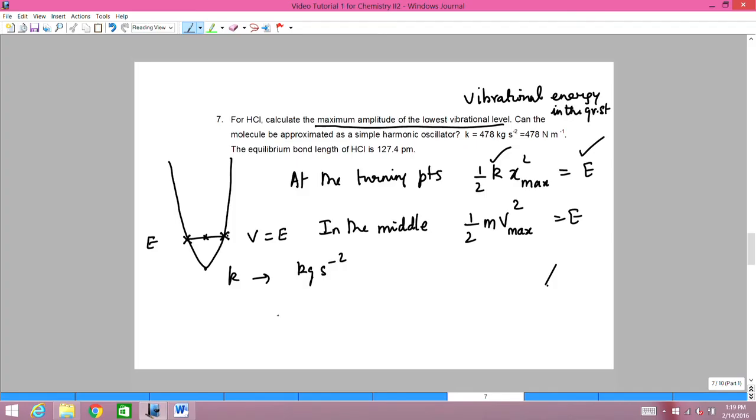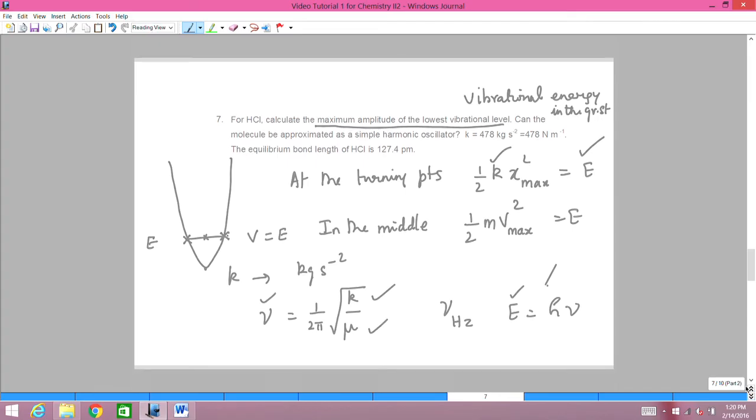That can be calculated as, remember, the frequency nu is 1 by 2 pi square root of k by mu. Since k is given and mu can be calculated for HCl, you know what the nu is. And once nu is known in hertz, the energy E is h nu. Therefore, the energy is known.